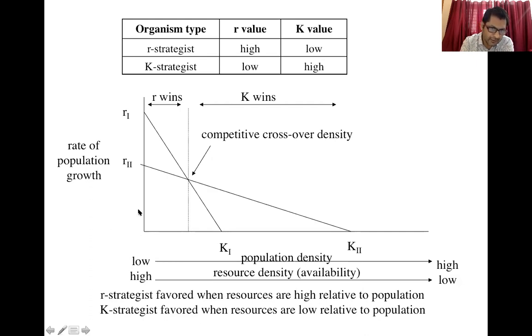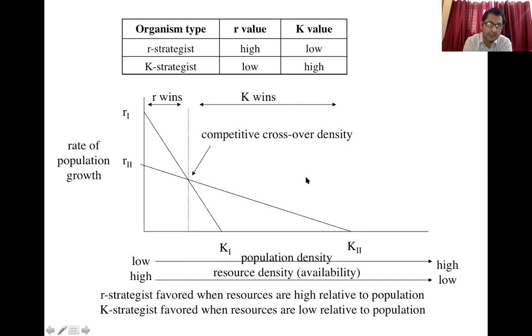So if this is the rate of growth of population, and this is the population density, which is basically inverse of resource, as the population density is increasing this way, the resources are decreasing this way, right? Population density is increasing and resource availability is decreasing.